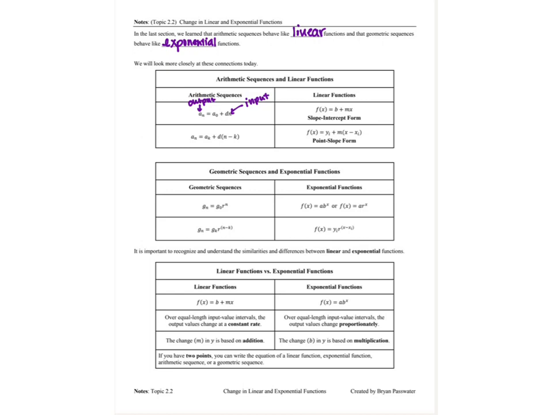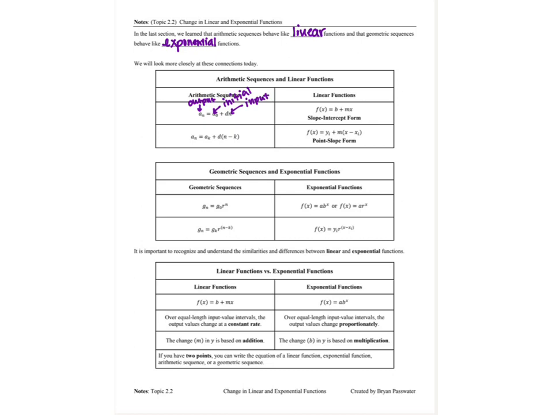A sub 0. That's the starting point. That's the initial value. The 0 stands for the first position, the 0th position in line in the sequence. Okay.